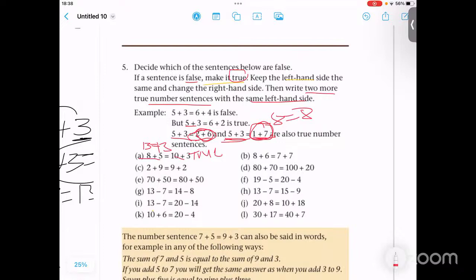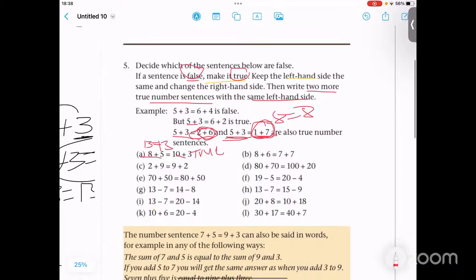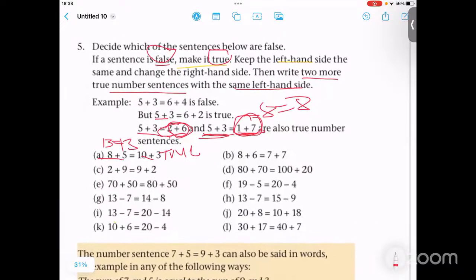If a sentence is false, make it true, meaning that you only make changes if it is false. So this one is true, so that means we're going to leave it like this. Are we together? Perfect. So if it's true, you're going to leave it like this. But if it's false, then we're going to make changes.